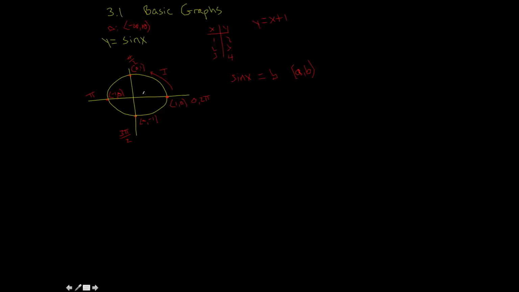Sine decreases from 1 to 0 in quadrant 2, from pi over 2 to pi. In quadrant 3, from pi to 3 pi over 2, sine goes from 0 to -1, so it decreases again. And then from 3 pi over 2 to 2 pi, sine increases from -1 to 0 on the unit circle.